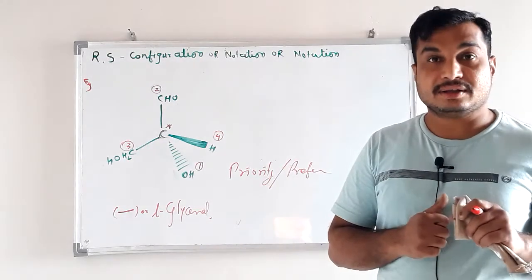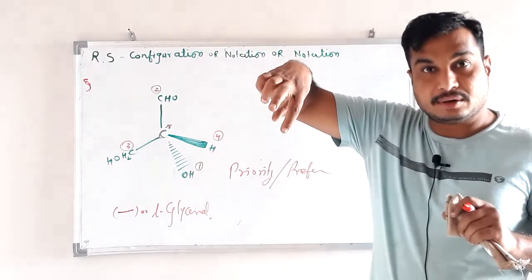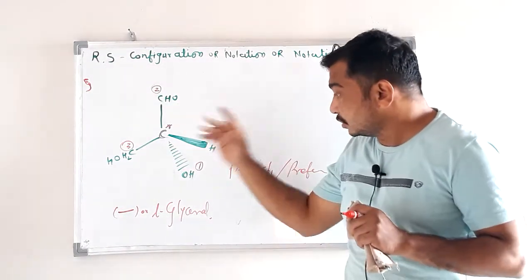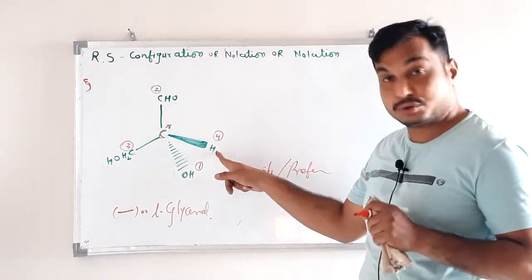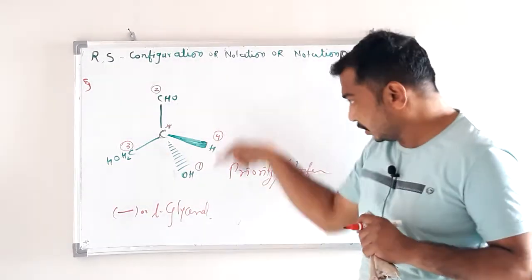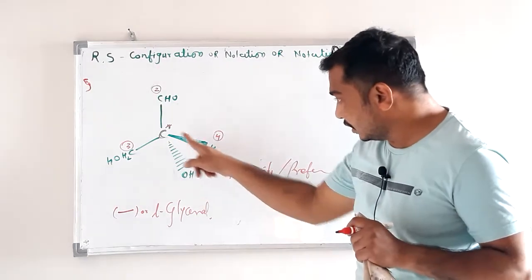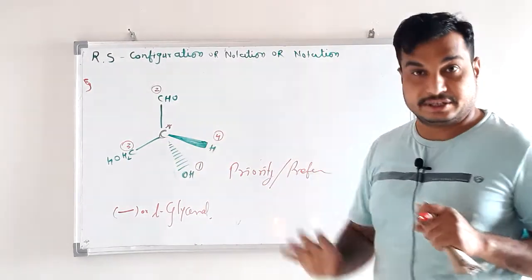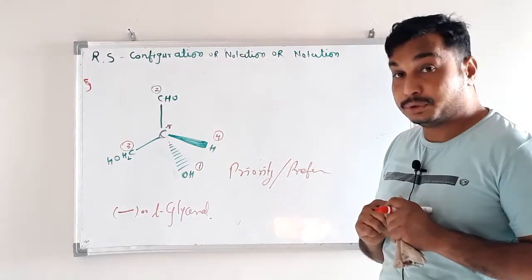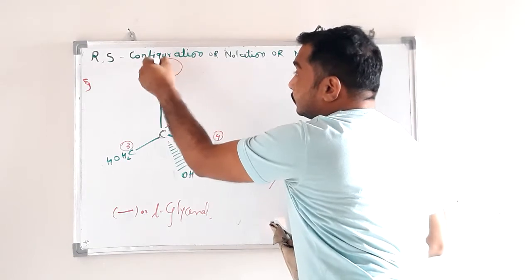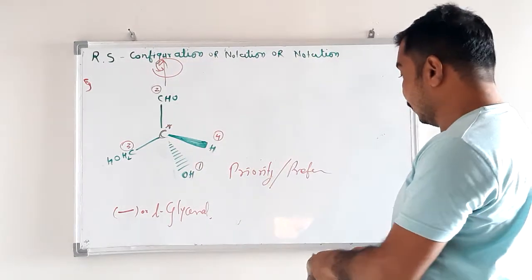If it is not, then rotate the molecule and make it on the back side. See, the lowest priority group here is hydrogen, and this hydrogen is on the front side as per this example, because hydrogen is attached to carbon by a wedge bond, meaning it is on the front side. So what we have to do? We have to rotate this molecule, very simple.